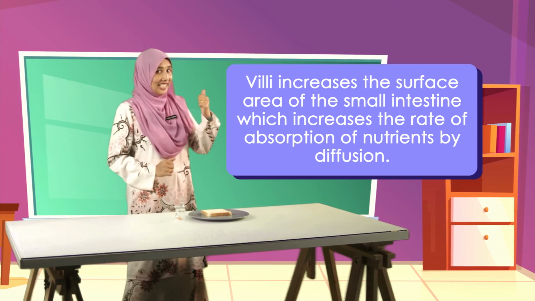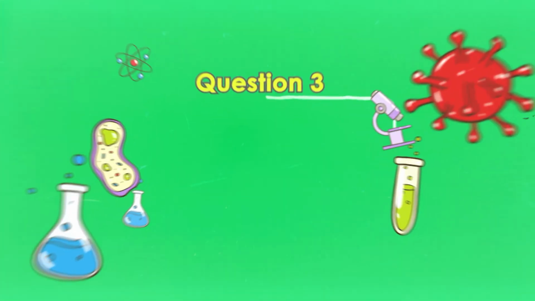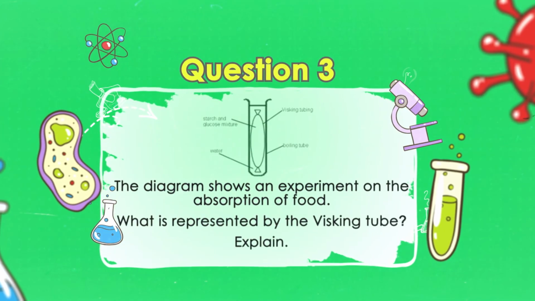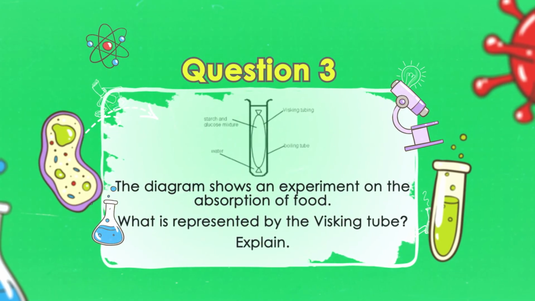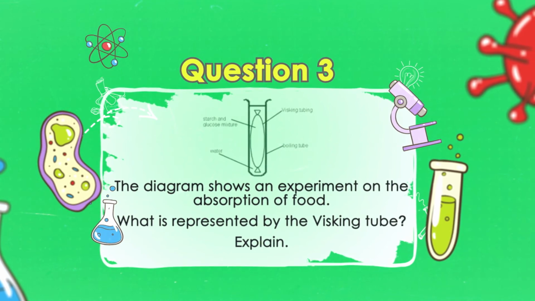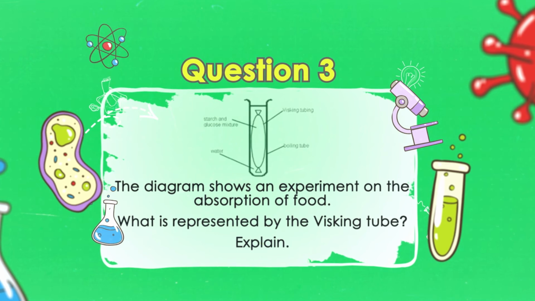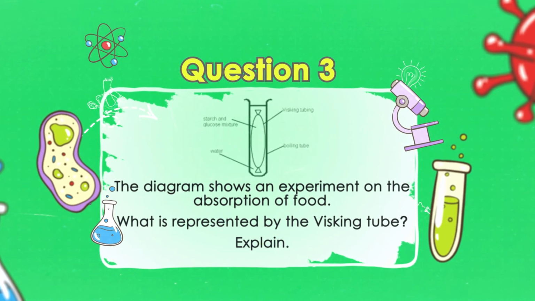Alright, let's go on now to question 3. The diagram shows an experiment on the absorption of food. What is represented by the Viskin tube? Explain.